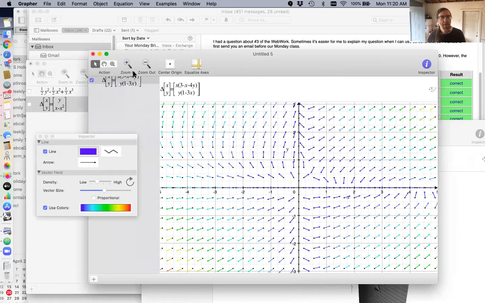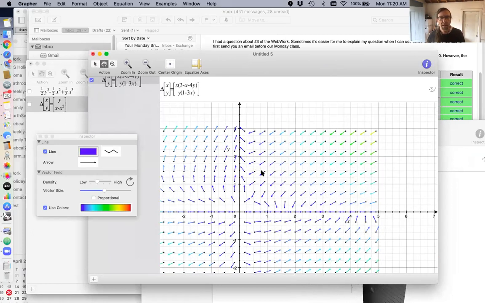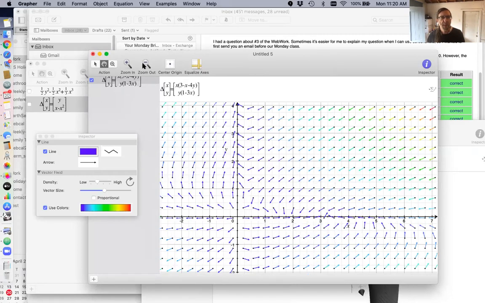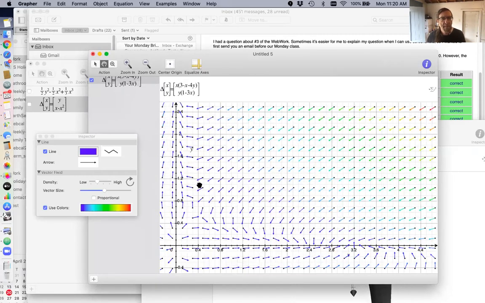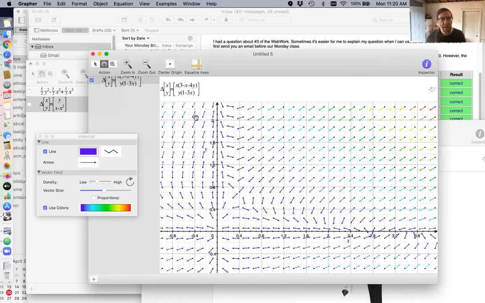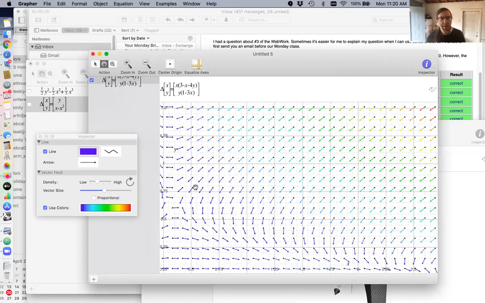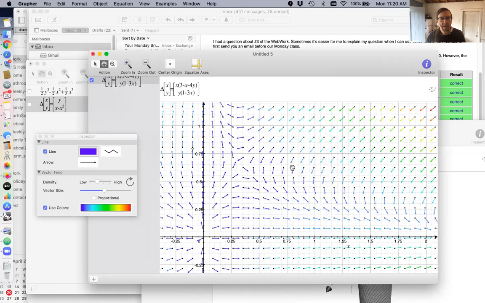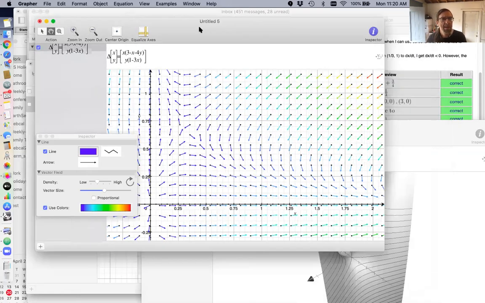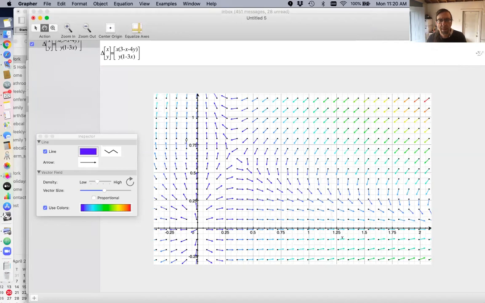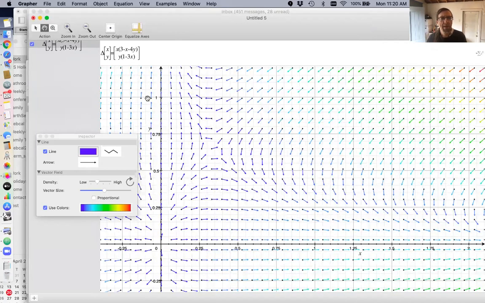Cool. Zoom in a little more. All right, now we can really see what's going on. Everybody see there's a little 1 right here, and a 1 over here on the y-axis. We see the equilibrium point here at 1/3.